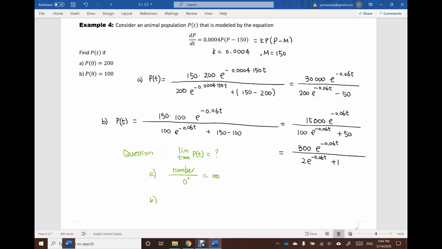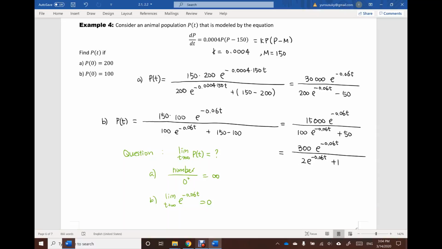And part B, you can see the numerator and denominator are both positive, right? And the numerator, when t goes to infinity, e to the minus 0.06t goes to 0.